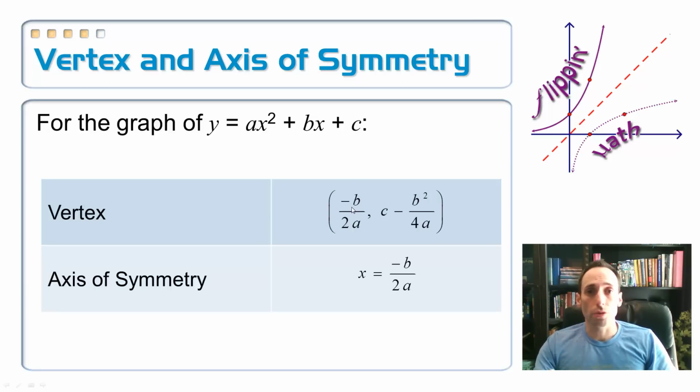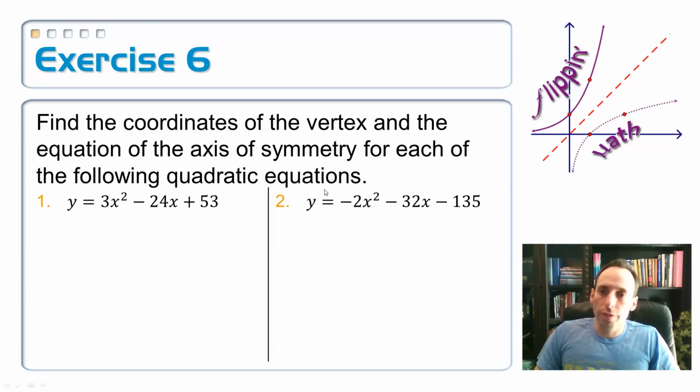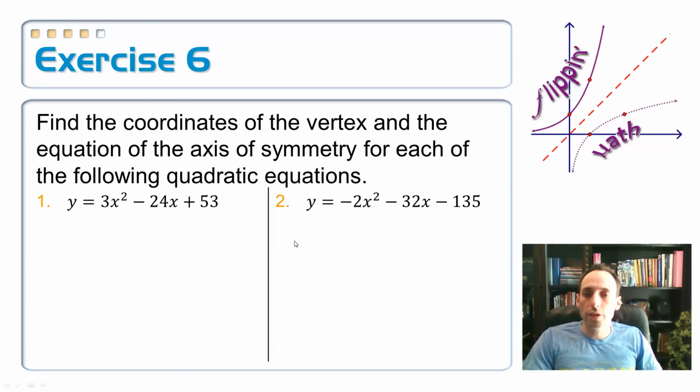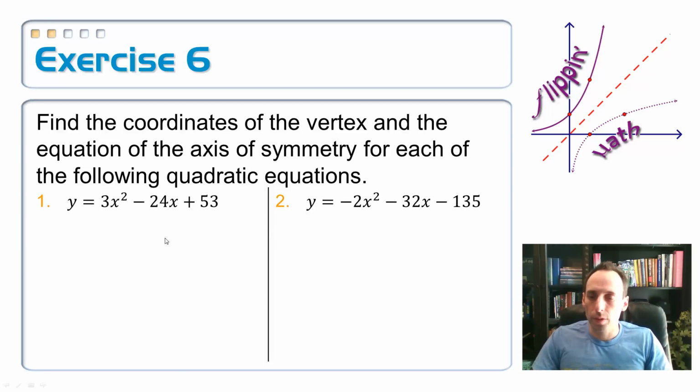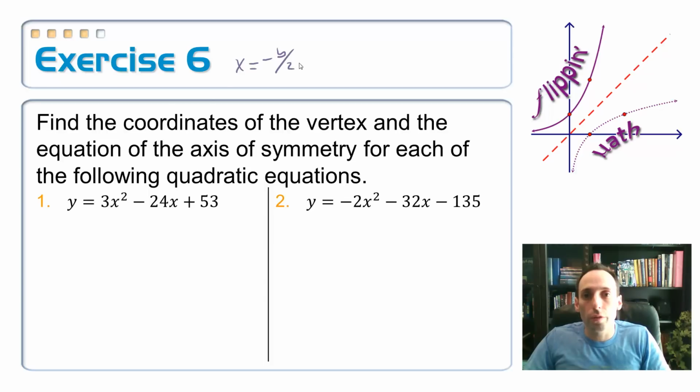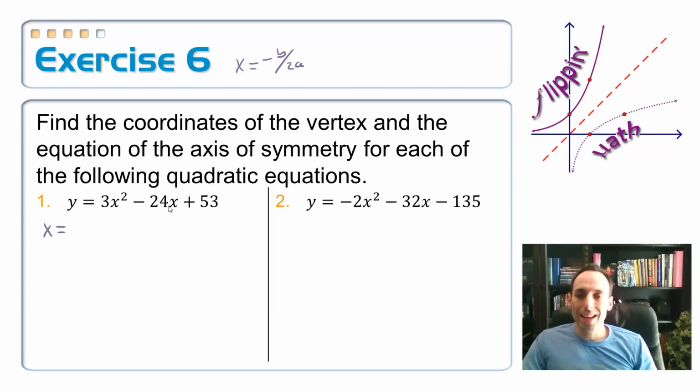So, shall we try it on a problem? Let's. Find the coordinates of the vertex of each of these equations and the axis of symmetry too. So, I need to remember x is equal to negative b over 2a. x equals negative b, so my b is negative 24, so now it's going to be a positive 24 over 2 times my a, which is 3.